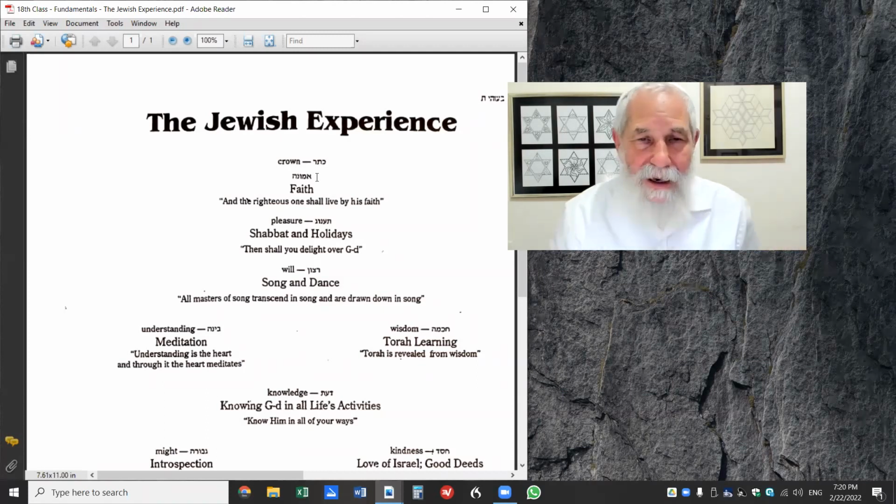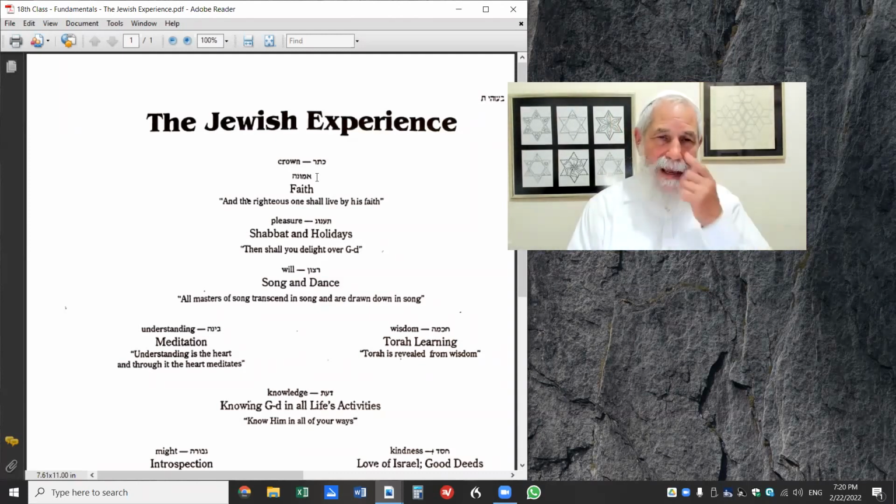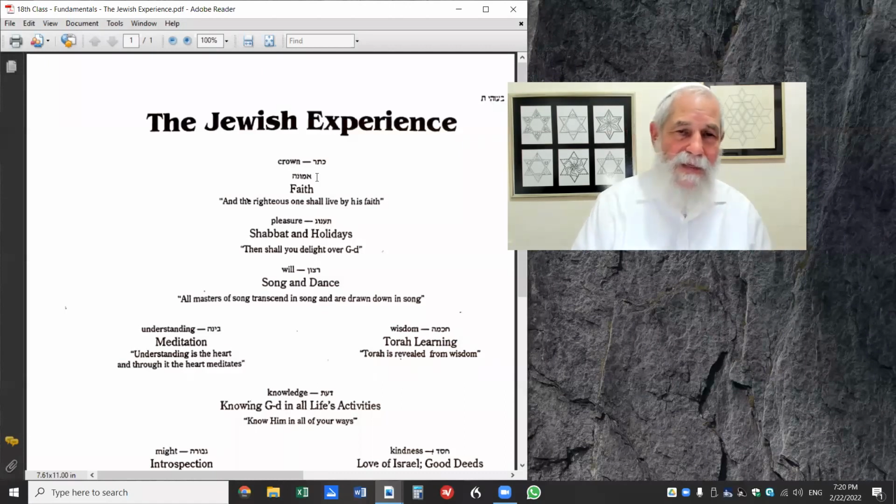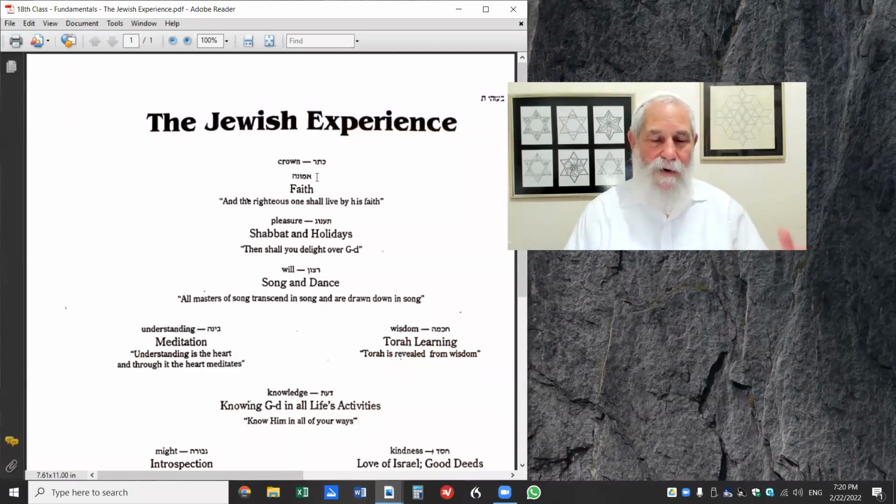The next head of Keter is Ta'anug, pleasure. And this is connected to Shabbat and holidays. And the verse here is from Isaiah. Then shall you delight over God, which is Az titaneg al Hashem. You'll have pleasure in Hashem.